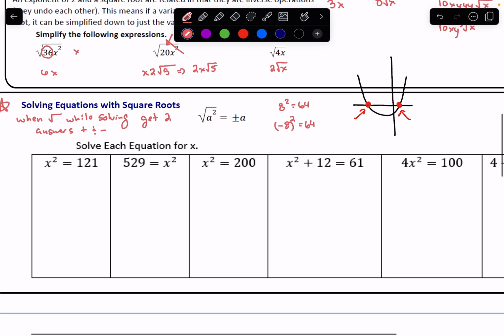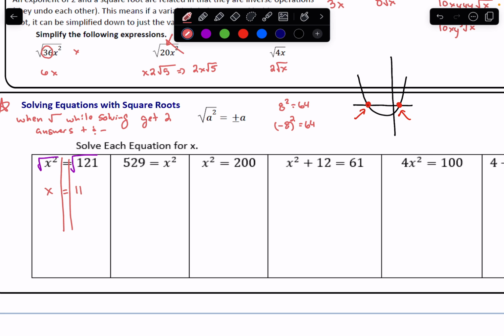For now, I just need you to know, when I solve an equation, so this first example, x squared equals 121, I'm just going to do railroad tracks to get x by itself. Well, the opposite of x squared is to square root this side. But if I square root the left, I have to square root the right. So on the left, I end up with x. On the right, I end up with 11.